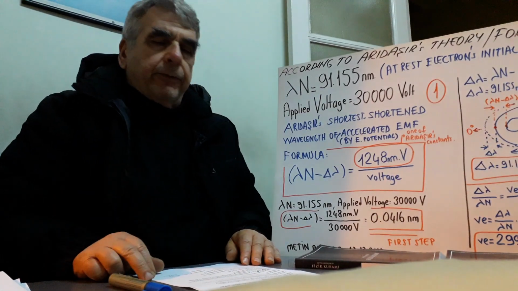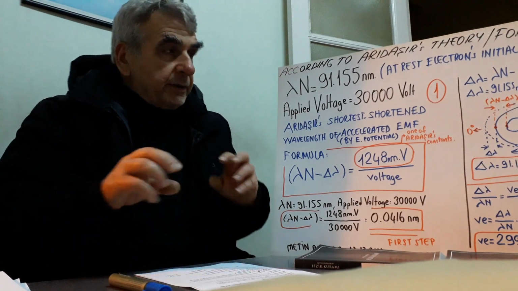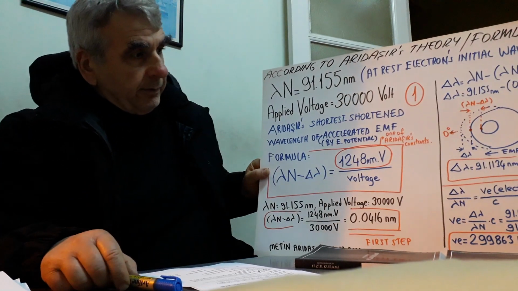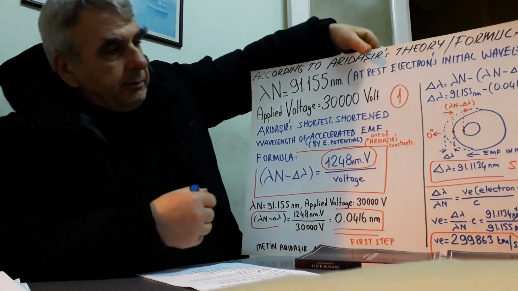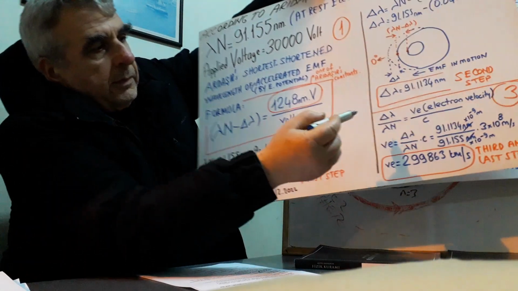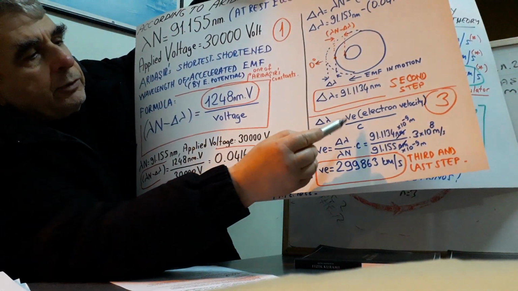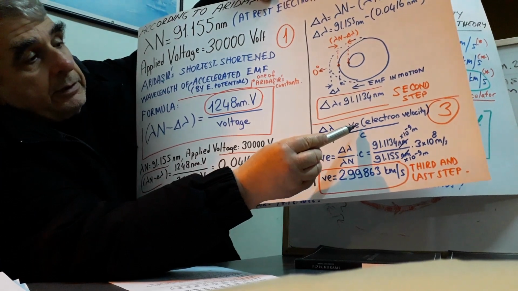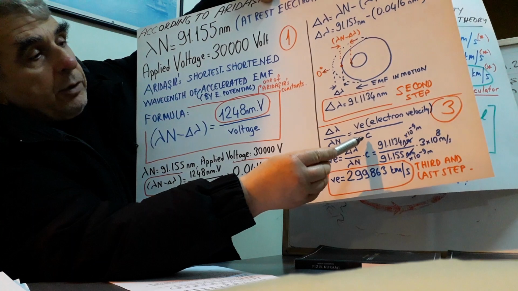Then, the second step is for determining electron velocity from this real relation. What is the relation? Delta lambda divided by lambda normal is equal to electron velocity, or source velocity, divided by speed of light.